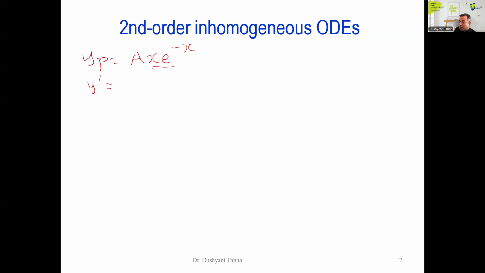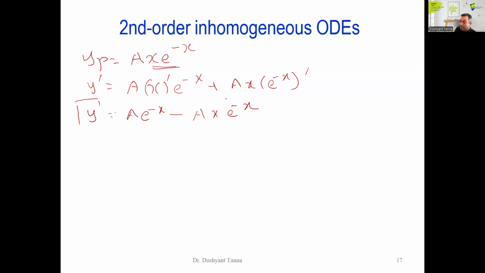This is u and v again, right? A is constant, doesn't vary us. So x dash e raised to minus x as it is. Ax e raised to minus x differentiation. So a e raised to minus x minus ax e raised to minus x. Differentiation of e raised to minus x is minus e raised to minus x.